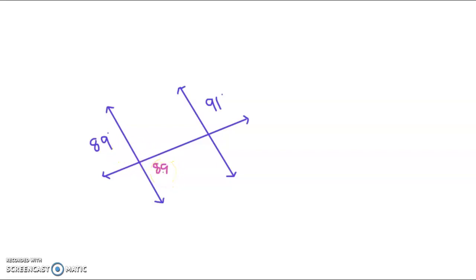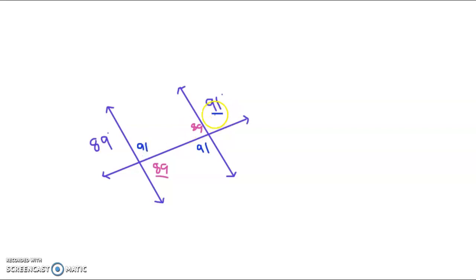And if we take the alternate interior angle of this angle, it would be right here, so we know this is 89 degrees again. We can also say that the vertical angle to 91 would be right here. And the alternate interior angle of this would be over here, which would be 91 again.